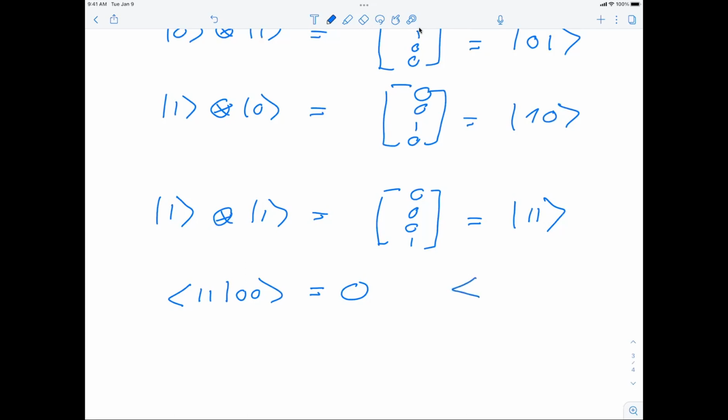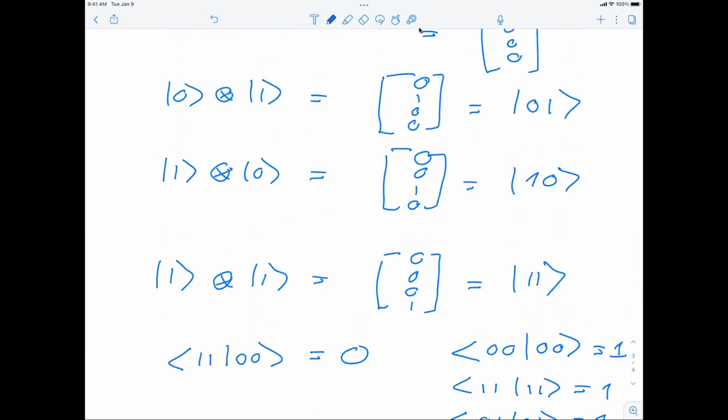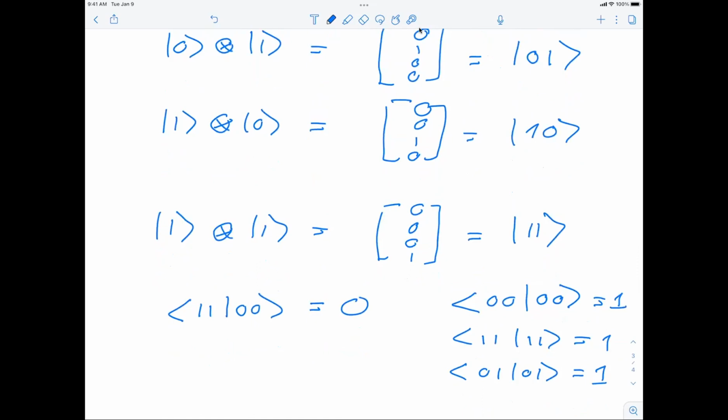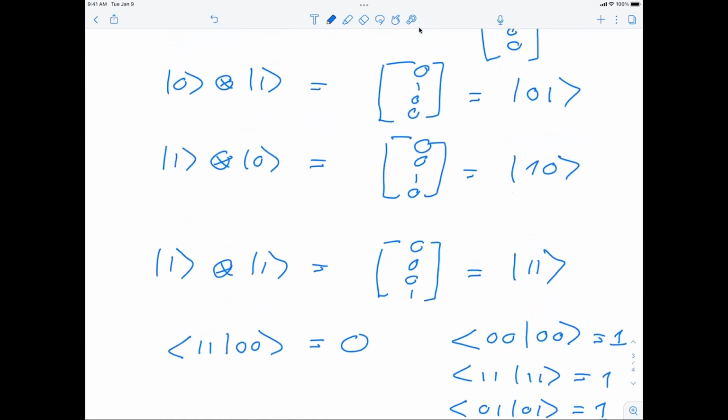And the only ones which would be equal are like 0, 0, that would give us 1, and similarly with 1, 1 would give us 1, and if we take 0, 1 with 0, 1, that would also give us 1, etc. So what we have constructed now is actually a system which is a tensor product of two computational bases. And later, when we are going to look at concrete specific examples, we are going to link this with specific physical systems. But now we're just defining the tensor products.